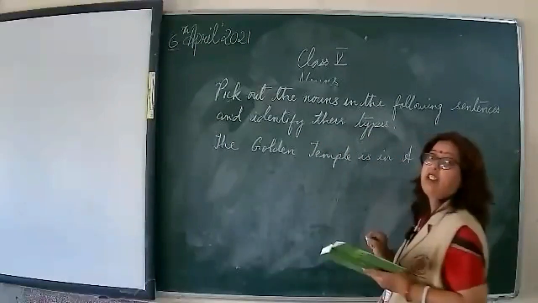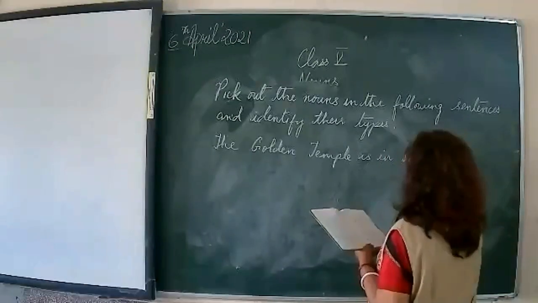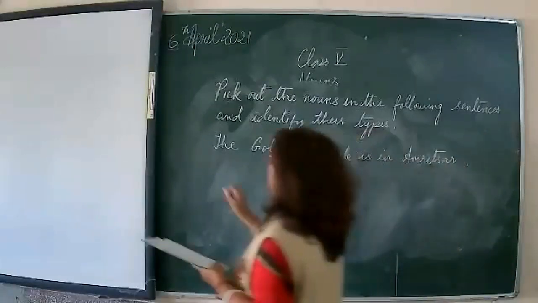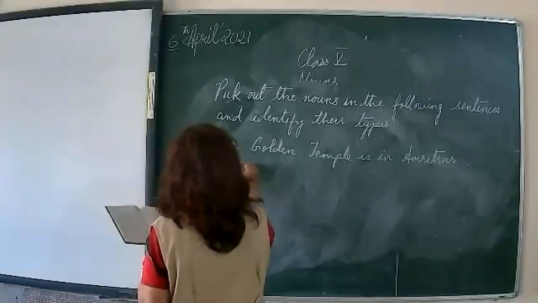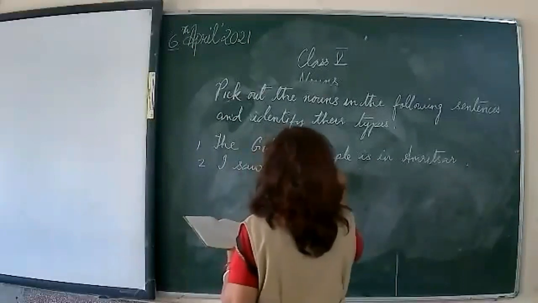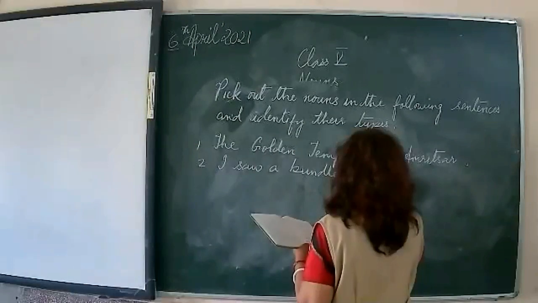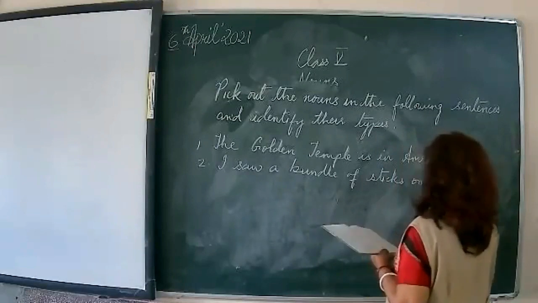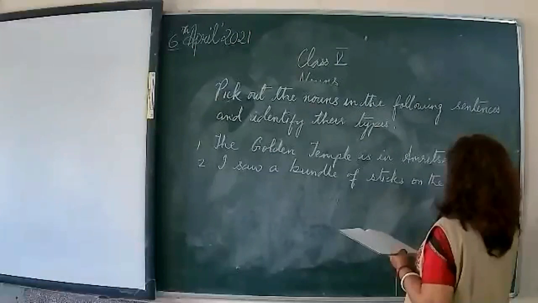You can take a screenshot of the same. Okay, children. The Golden Temple is in Amritsar. That's sentence number 1. I saw a bundle of sticks on the road.